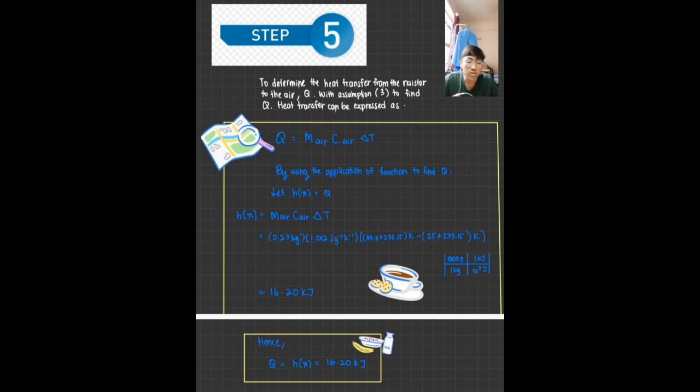So substitute all the values into the equation and we get the final answer 16.20 kilojoule. For the information, to get the final answer in kilojoule, we need to multiply our answer with 1000 gram over 1 kilogram and multiply again with 1 kilojoule over 10 to the power of 3 joule.